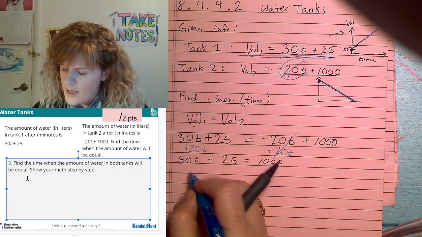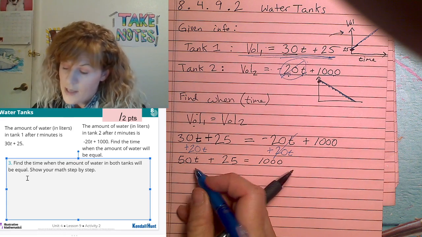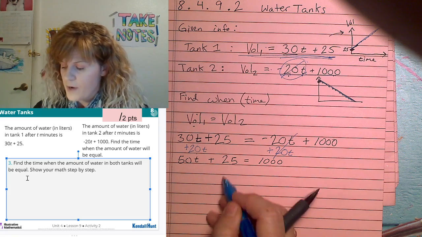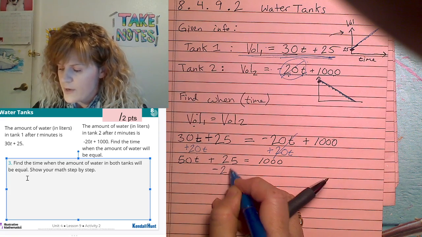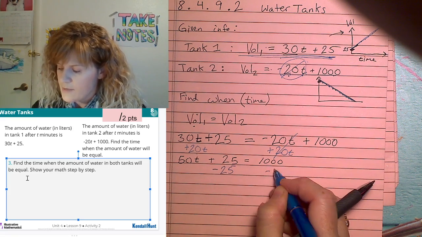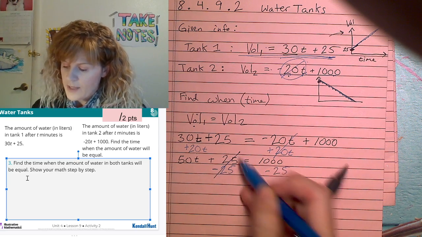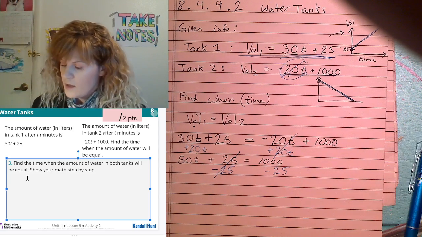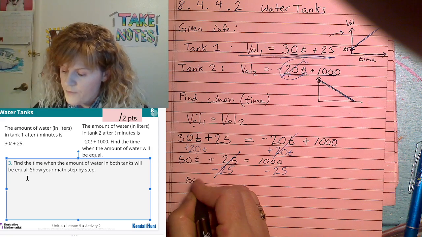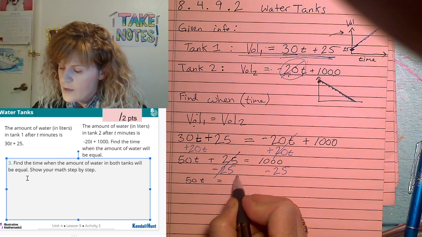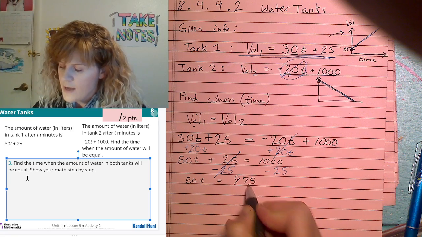Now I still have not got the T all by itself. 50T plus 25 is a problem. I'm going to subtract 25 from both sides of the equation. I did that so this will cancel out. And I'm left with 50T equals 975.